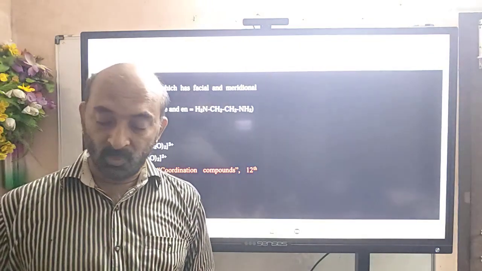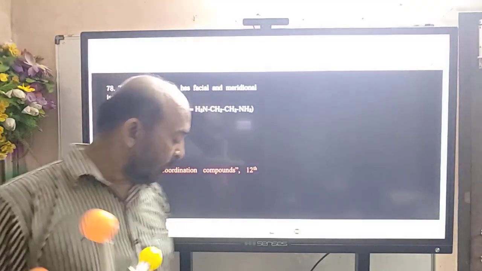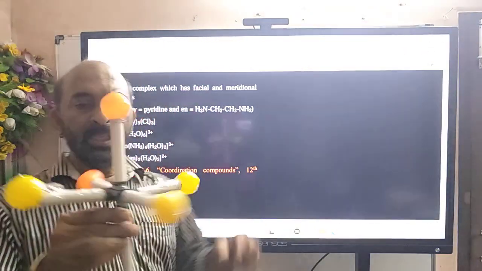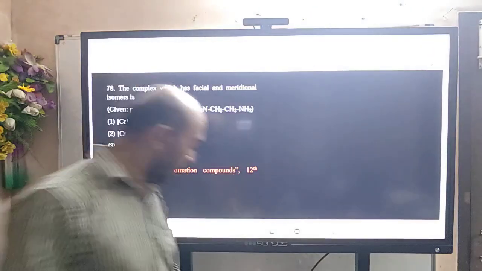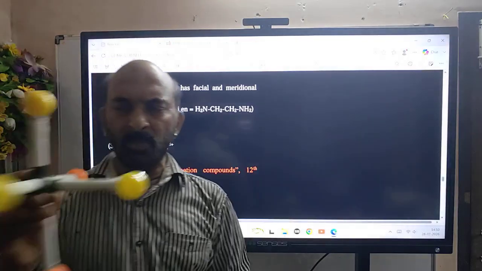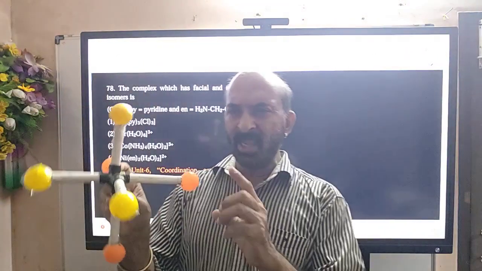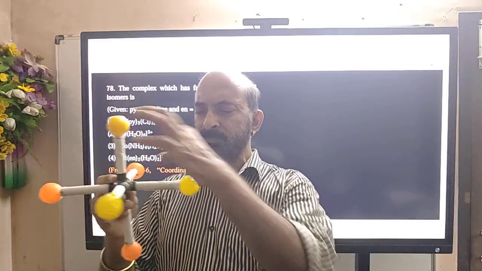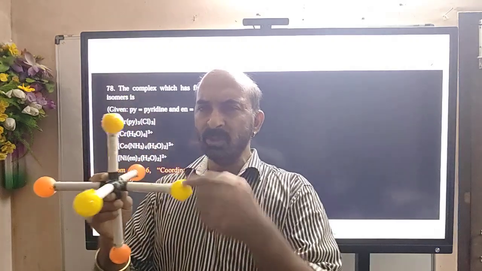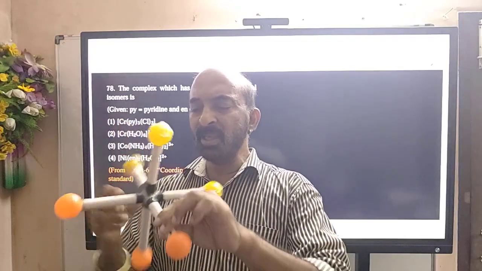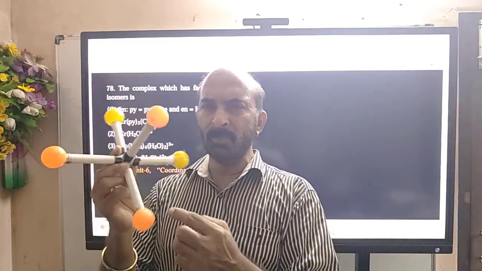Okay. So, what is meant by facial? What is meridional? Look. Facial is that form in which the 3 A ligands are mutually perpendicular. Here let yellow be A. These three are mutually perpendicular, no? Agreed. The remaining three are B. They are also mutually perpendicular.